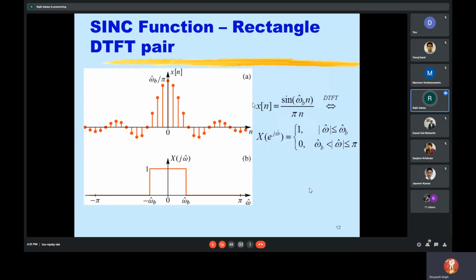So this is actually the ideal low pass filter or the brick wall filter. This is supposed to be non-realizable because in the amplitude spectrum it is a rect function, and if you take its inverse Fourier transform, so suppose this function was the frequency response of an LTI system, then the inverse DTFT would be a sinc function, and that will be the impulse response of that LTI system.